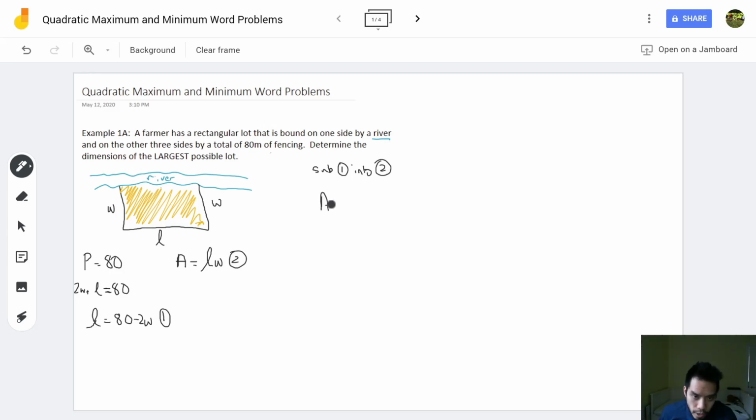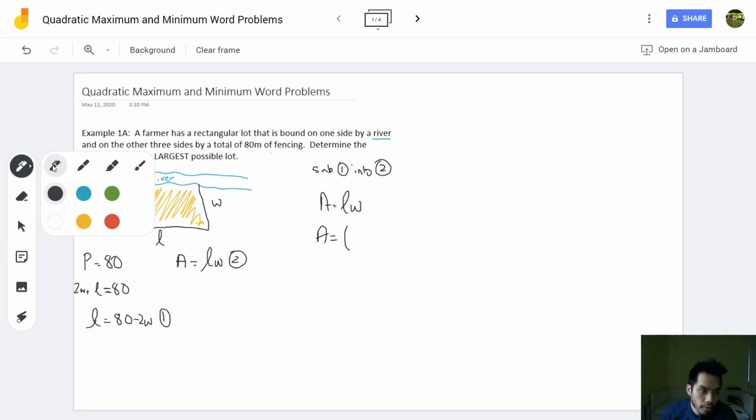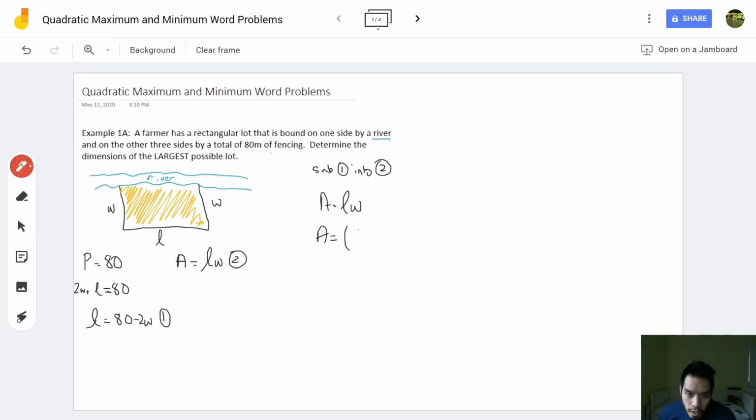So here's number 2, A equals LW. And now I'm going to replace L with this expression, 80 minus 2W. So in brackets here, I'm going to write this in a different color, 80 minus 2W.